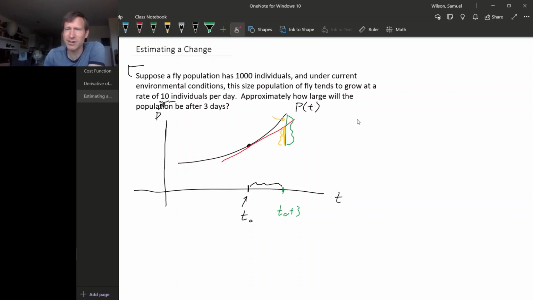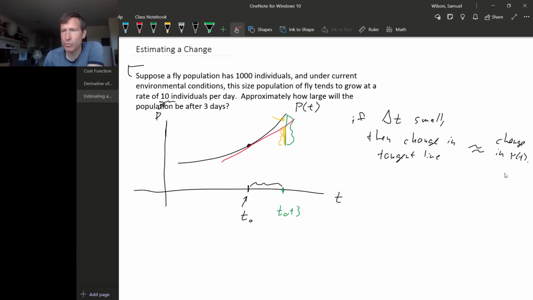So the idea here is that if our change in time is small, then the change in the tangent line is going to be approximately the same as the change in the function, which is p of t.